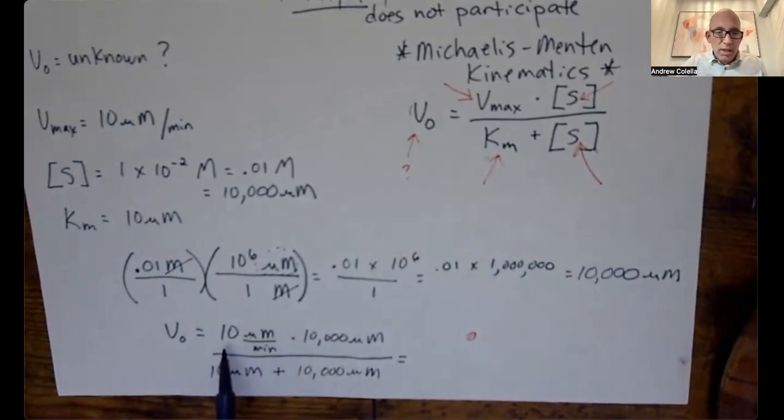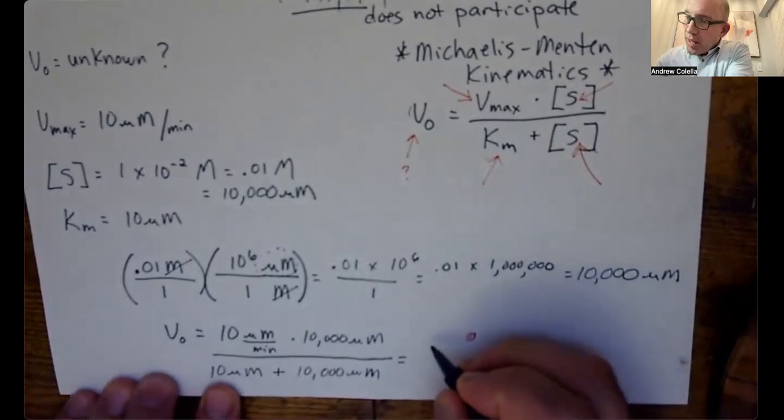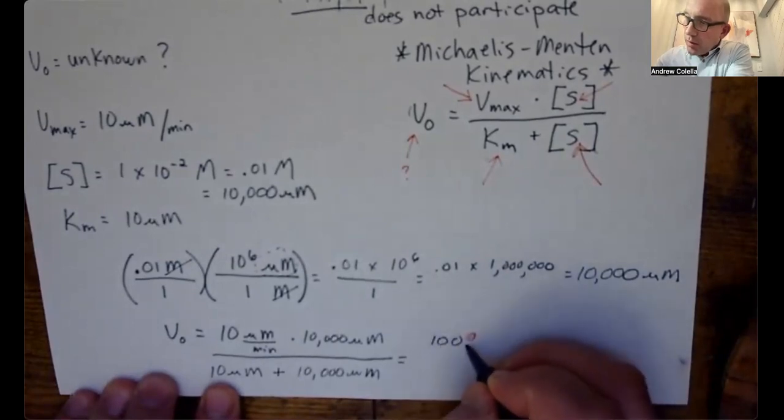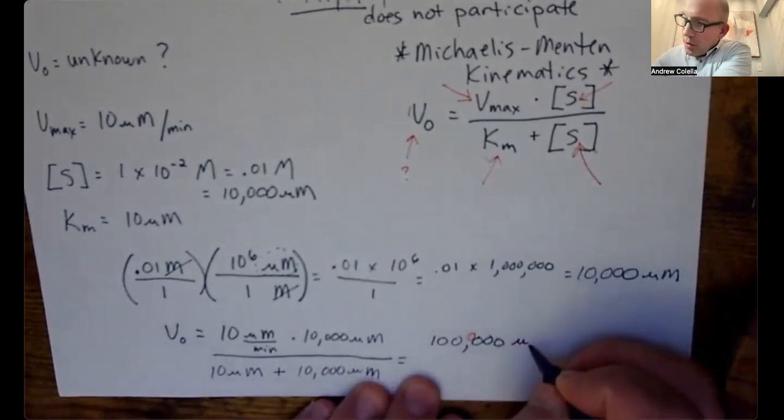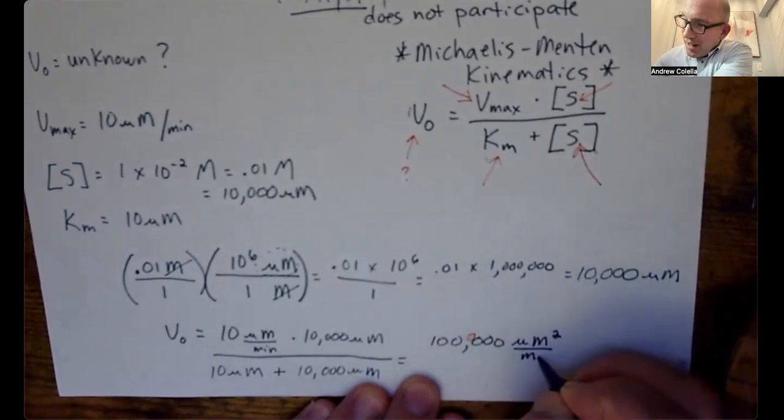We're going to go 10 micromoles per minute times 10,000 micromoles. So that is going to be 100,000 micromoles squared per minute.